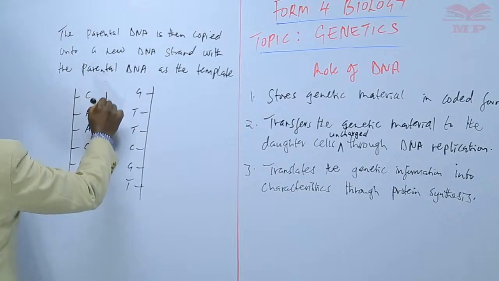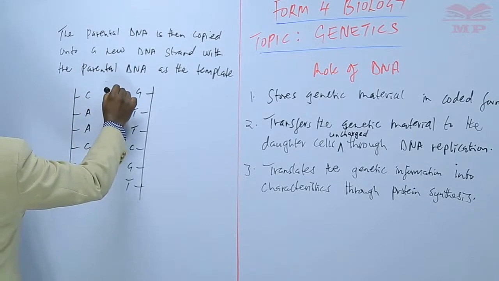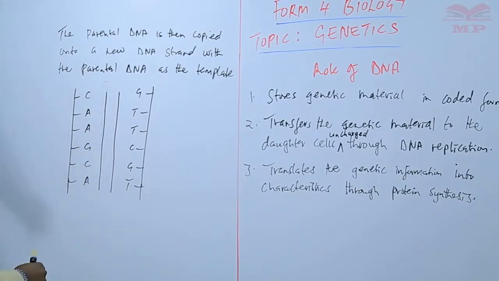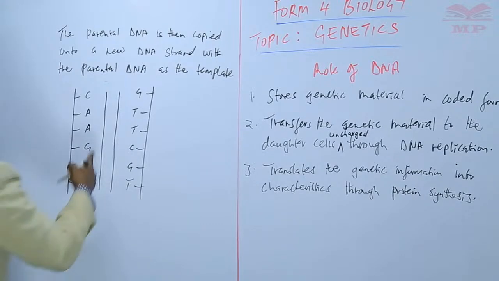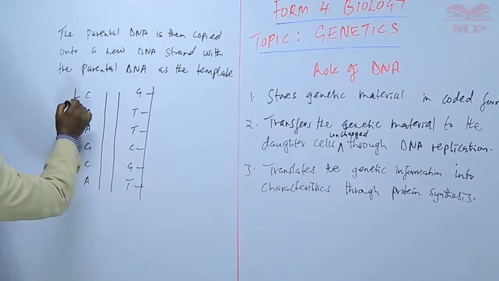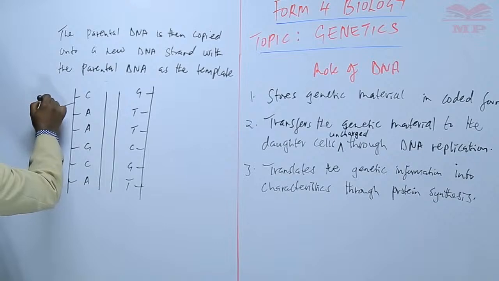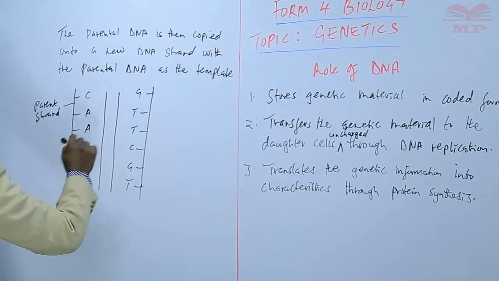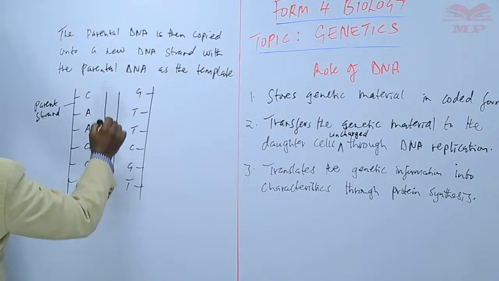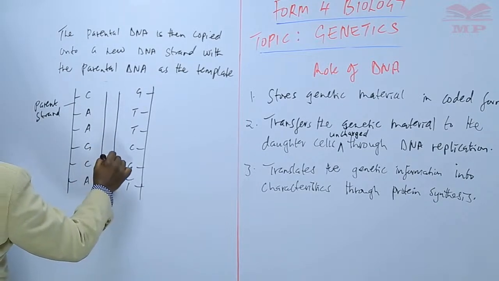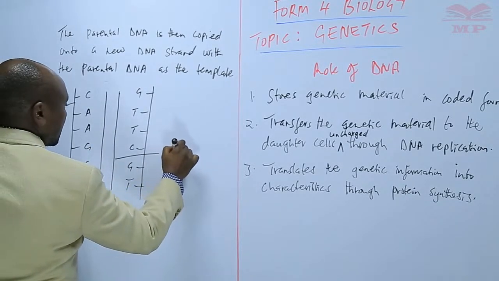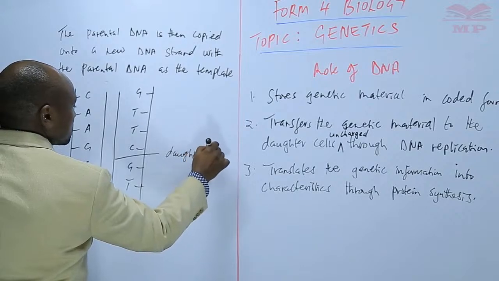A new strand forms there. Another new strand. And the information that was on the parental DNA or parental strand, whatever is being formed now, is a daughter strand.